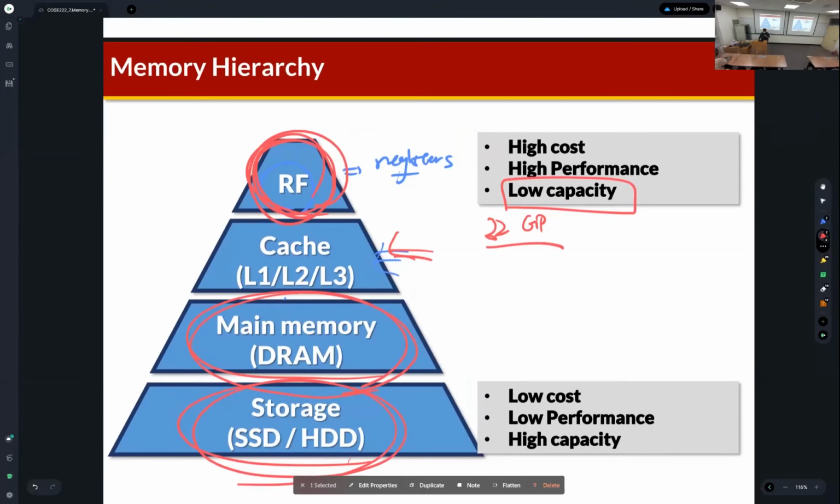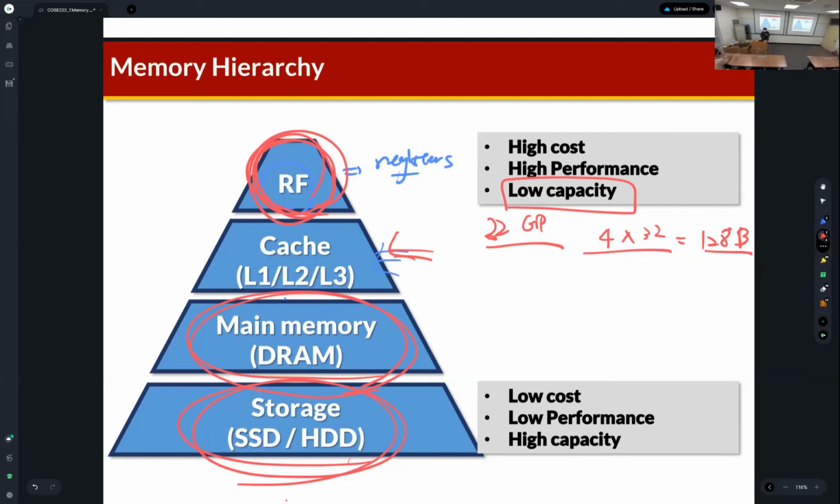We can easily calculate the size: each register is 4 bytes, and there are 32 registers, so it's 128 bytes.